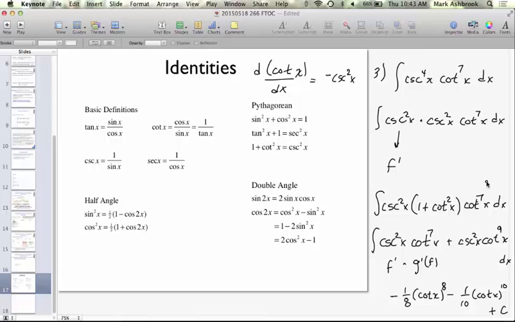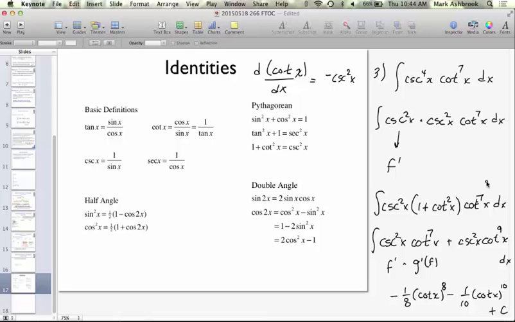It would be this thing squared, and when you square a binomial, you get 3 terms. But they'd still all be in terms of cotangent, so you can still do it. It'd just be a little bigger.